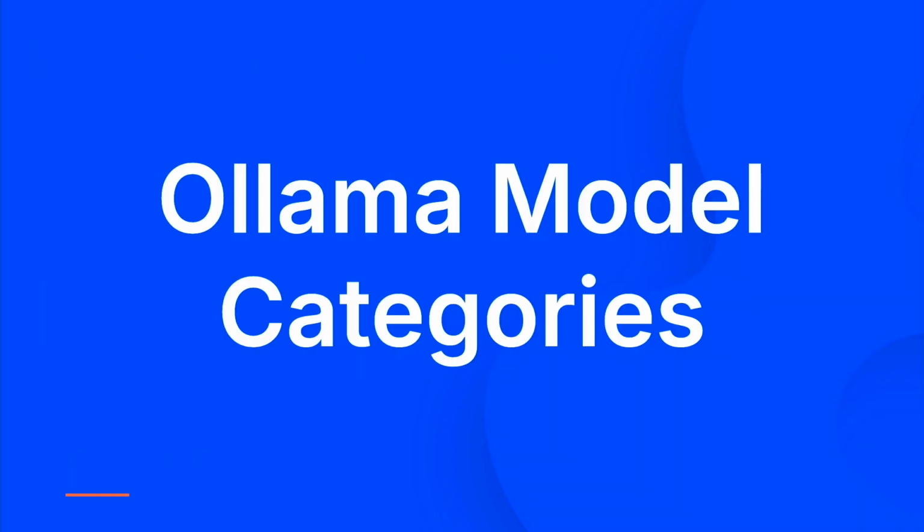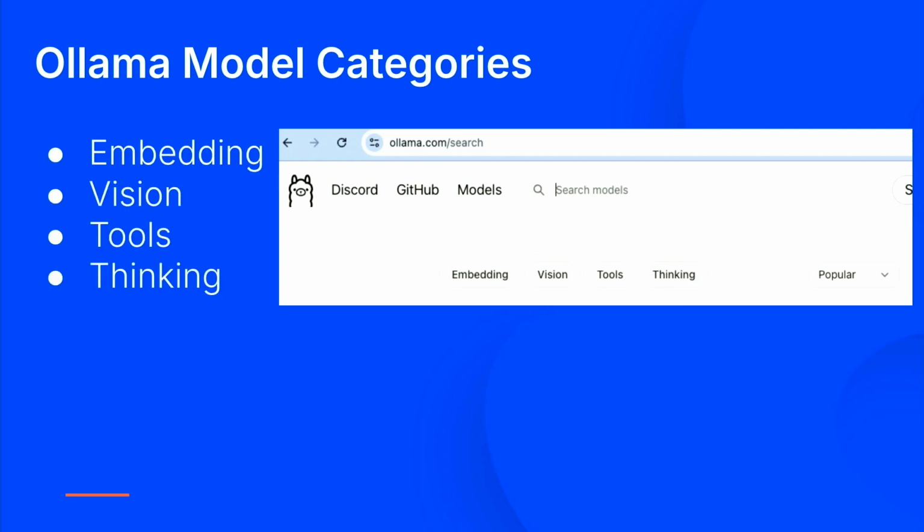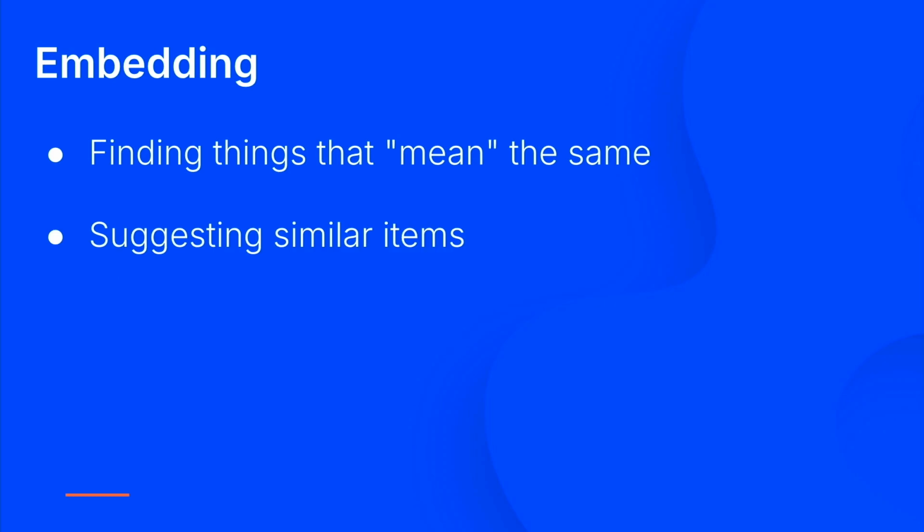If you're going to be downloading AI models, you're going to observe that there are 4 major categories of models in there: embedding, vision, tools, and thinking. The embedding model finds things that mean the same. It's doing similarity. Let's say I have a blog about dogs, with an article for training my dog, and somebody searches for taking care of my puppy.